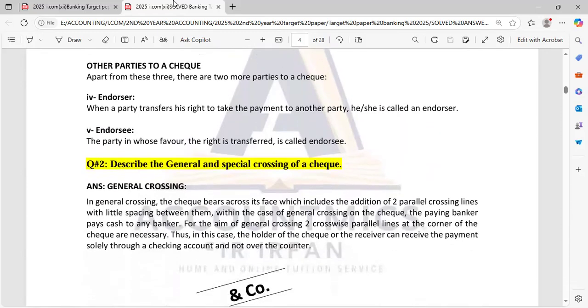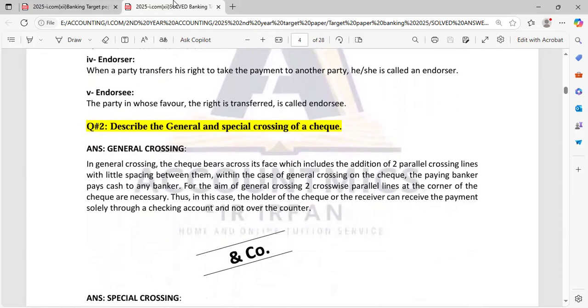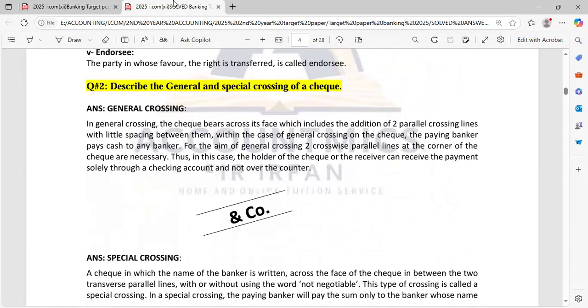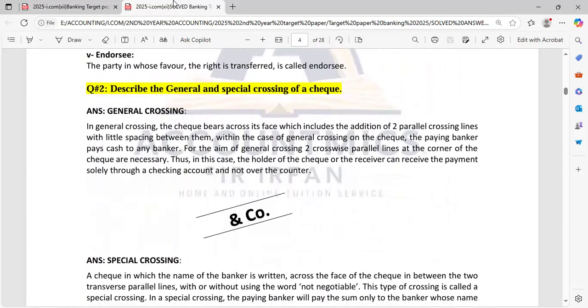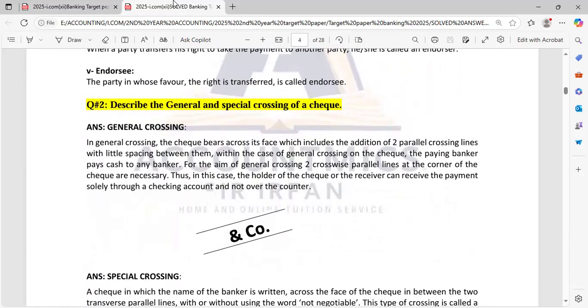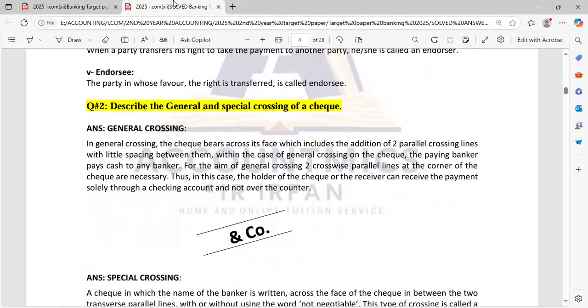Then we have general crossing and special crossing. In the general crossing, you see that a company name is entered, so it is the general crossing. It says Irfan and Company and Mr. Afridi and Company. So when you see the company name written between the parallel lines, it is a general crossing.